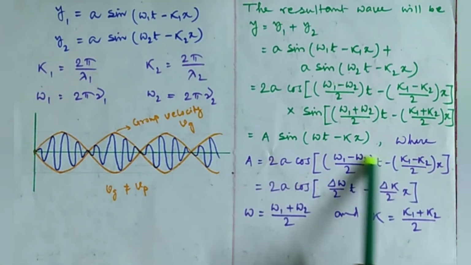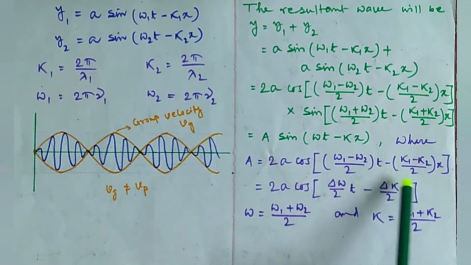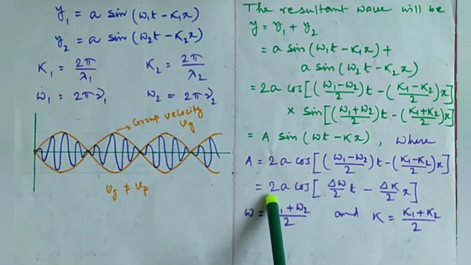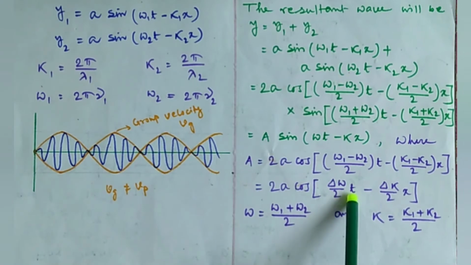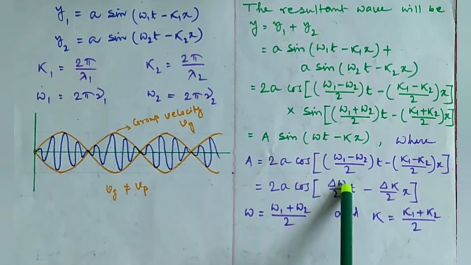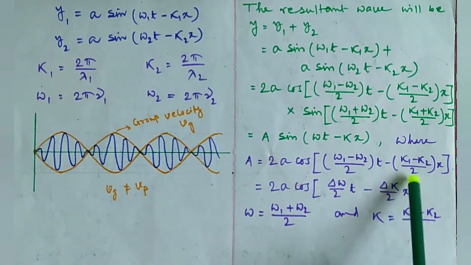This is the amplitude of the resultant wave or wave packet, and this expression is also rewritten as 2a cos [(delta omega by 2) into t minus (delta k by 2) into x], where delta omega equal to omega 1 minus omega 2 and delta k equal to k1 minus k2.